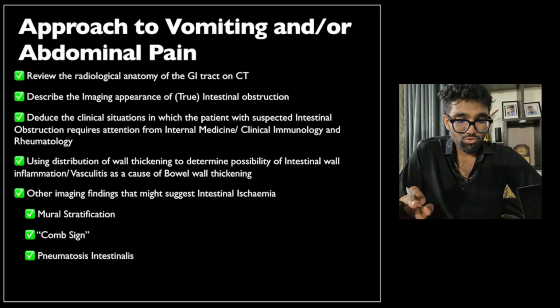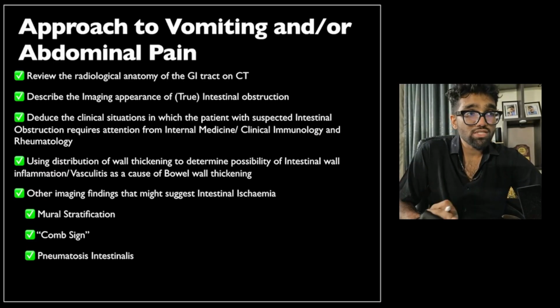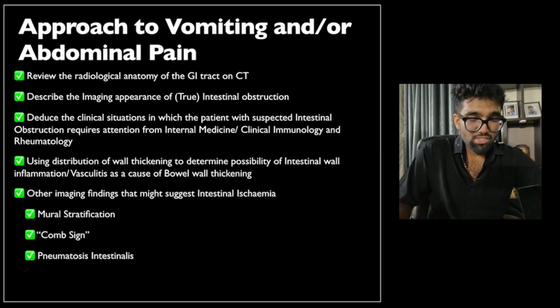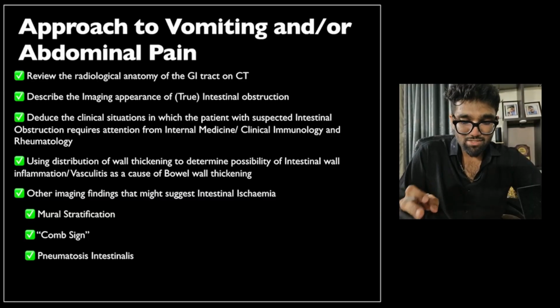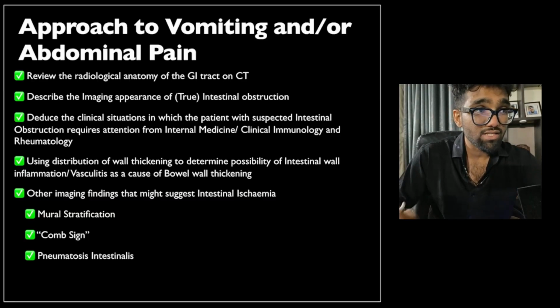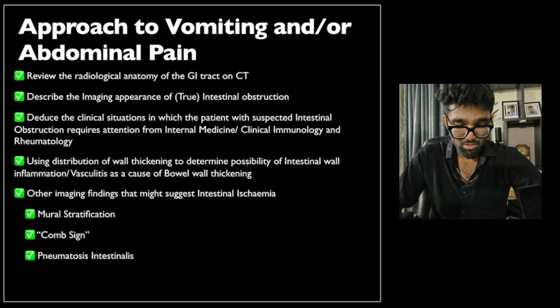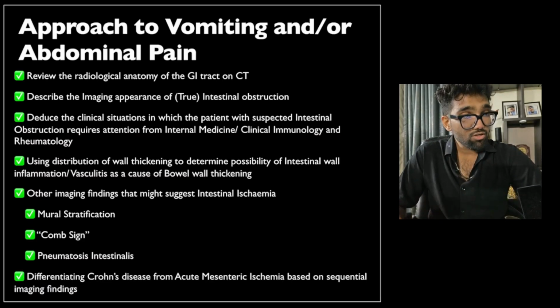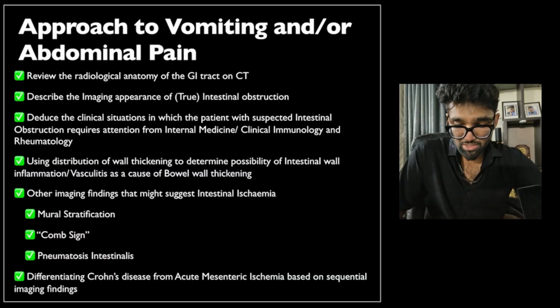So essentially, mural stratification and comb sign are more suggestive of inflammation than ischemia, but they can occur in both. And pneumatosis intestinalis is suggestive of ischemia, but it can also occur as benign pneumatosis, like we get in systemic sclerosis. Then finally, we talked about the sequential changes that help you differentiate Crohn's disease from acute mesenteric ischemia.